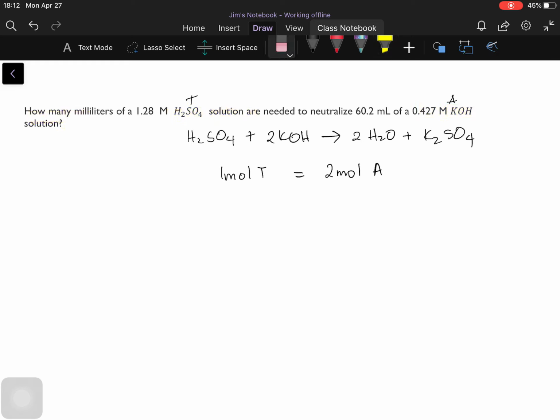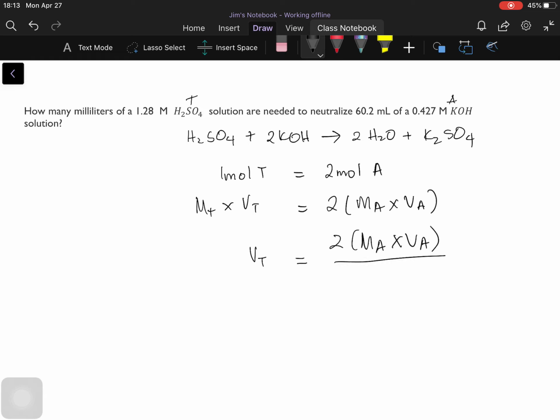That means to express their moles, we're going to do molarity times volume. So that is molarity of titrant times volume of titrant equals 2 times molarity of analyte times the volume of analyte, and we're going to rearrange the equation in terms of the volume of the titrant, because we're asked how many ml of the titrant. So that's Vt equals 2 times Ma times Va over Mt.